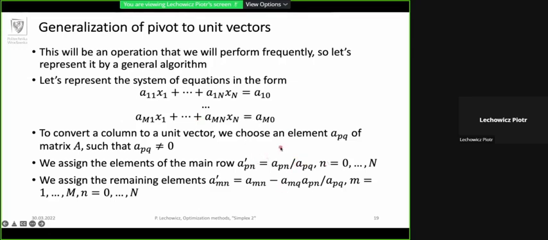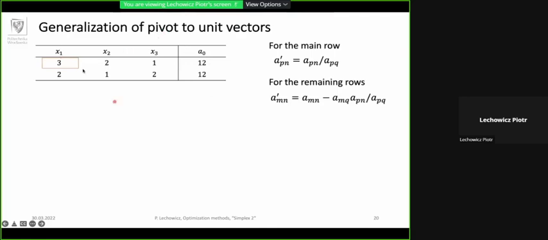It will be more visible in this slide. So this is the generalization of the pivot to unit vector. If we select such an element, so for the main row, for this column, we need to divide this element by the selected element. So n is the considered column, p is our row. So if n is equal to q, because this is our selected element, we need to divide the element by itself, APQ divided by APQ.